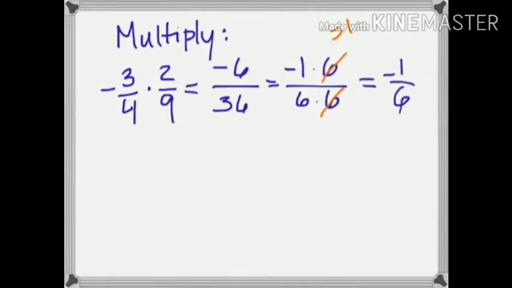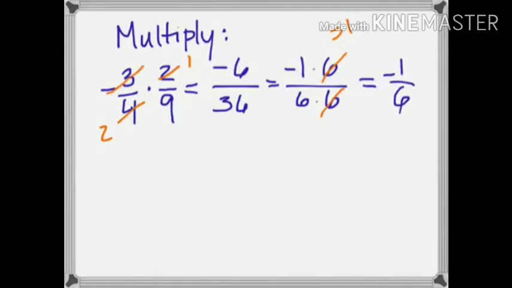Now you've probably also been taught that you are allowed to cancel at any step, at any stage. So if in this original problem you happen to notice that a numerator and a denominator, the 2 and the 4, could both be divided by 2, it's okay to do that division at the beginning. So divide 2 by 2 to get 1, and 4 by 2 to get 2. And then if you also happen to notice that the -3 and the 9 can both be reduced by 3, it's okay to do that as well.